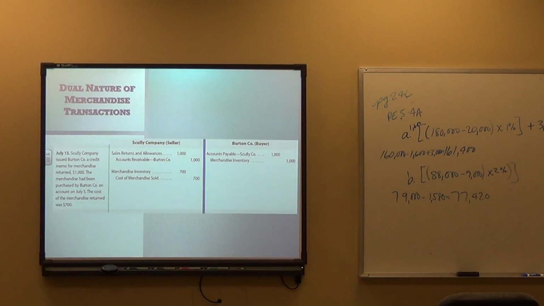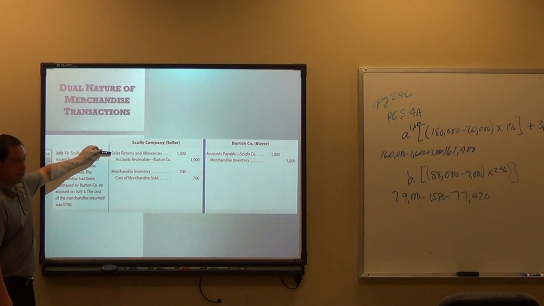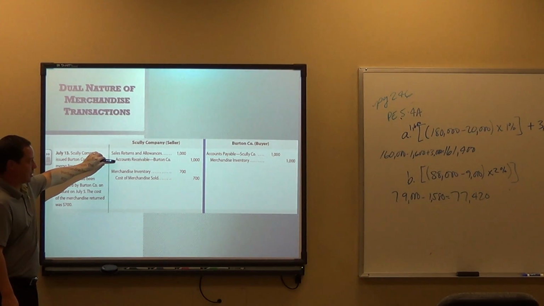Questions? All right. So the next transaction here is a credit memo for merchandise return. There's $1,000 of merchandise that was returned to the company. As you can see here, they again have two transactions because we have to put that merchandise back in. First of all, our sales went down by $1,000, called sales returns and allowances, and our accounts receivable went down by $1,000 because they don't owe us that money now.